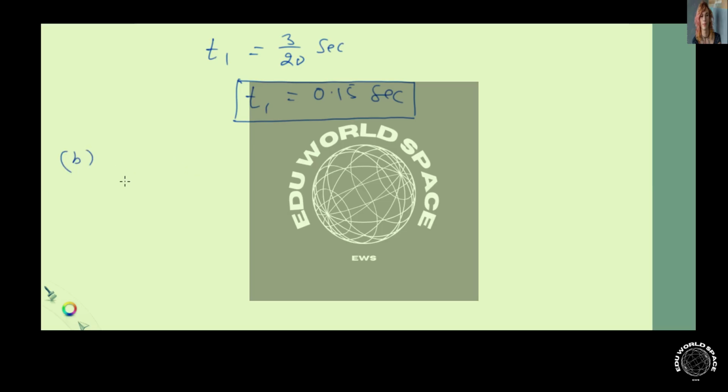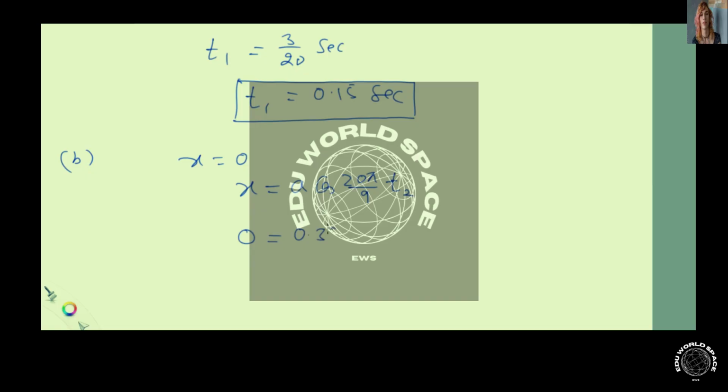Now, in the second part of the problem, we have to find the time taken by the particle to come back from 0.160 meter to x equal to 0. So first of all, we will find the total time taken by the particle to come from 0.320 meter to the mean position. Again we use the equation x equals a cos 20 pi by 9 t2, let the time be t2. x here is 0, as the particle has to come to the mean position.